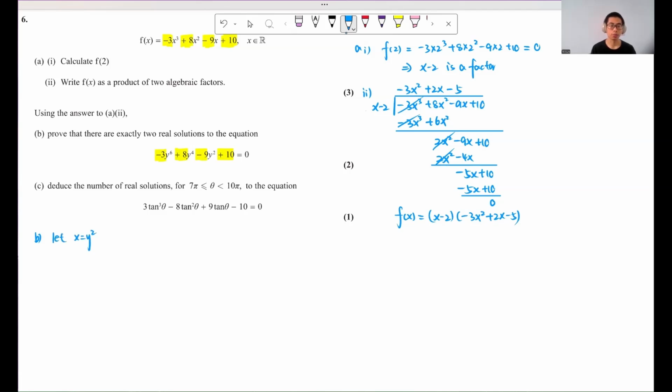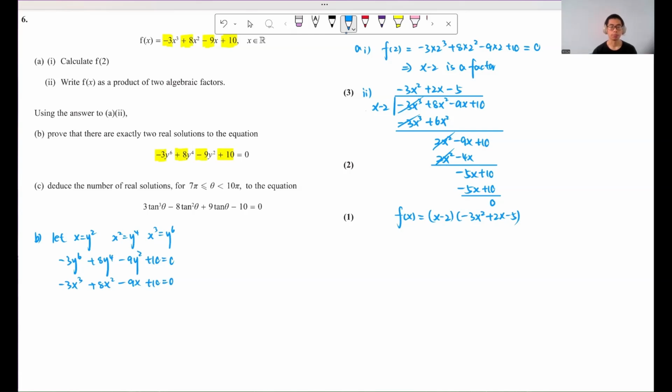If x is y squared, then x squared is y to the power 4, and if we cube that, x cubed is equal to y to the power 6. So negative 3y to the power 6 plus 8y to the power 4 minus 9y squared plus 10 equal to 0 becomes negative 3x cubed plus 8x squared minus 9x plus 10 equal to 0.